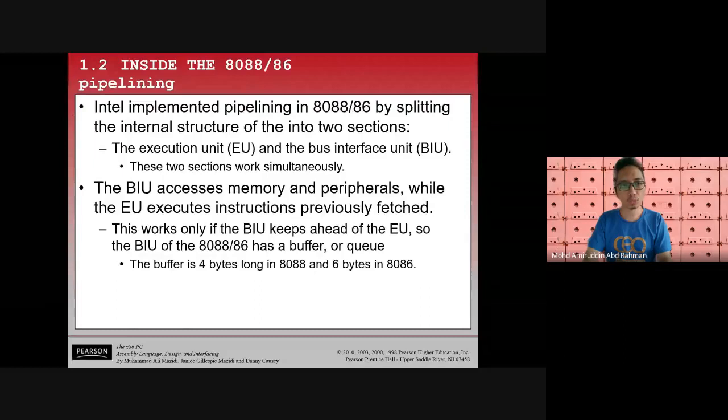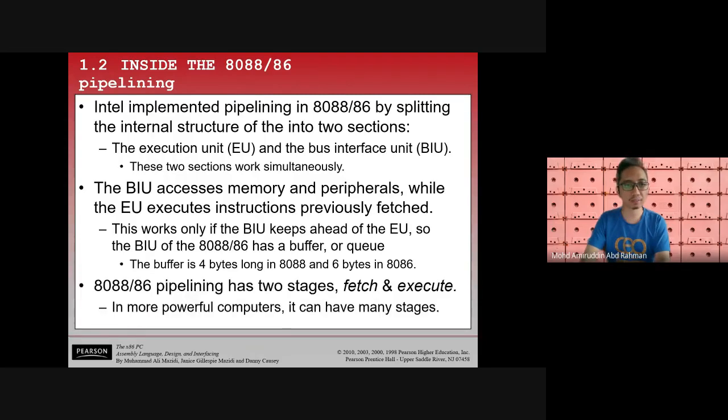This means the BIU must always be ahead of the EU. The BIU has a buffer, like a queue a little bit ahead of the EU. The buffer size is 4 bytes long in the 8088 and 6 bytes in the 8086.